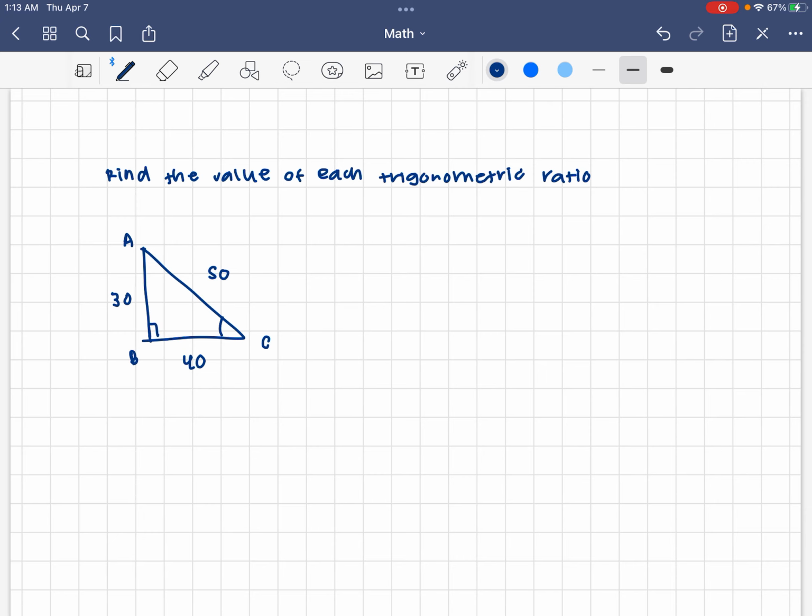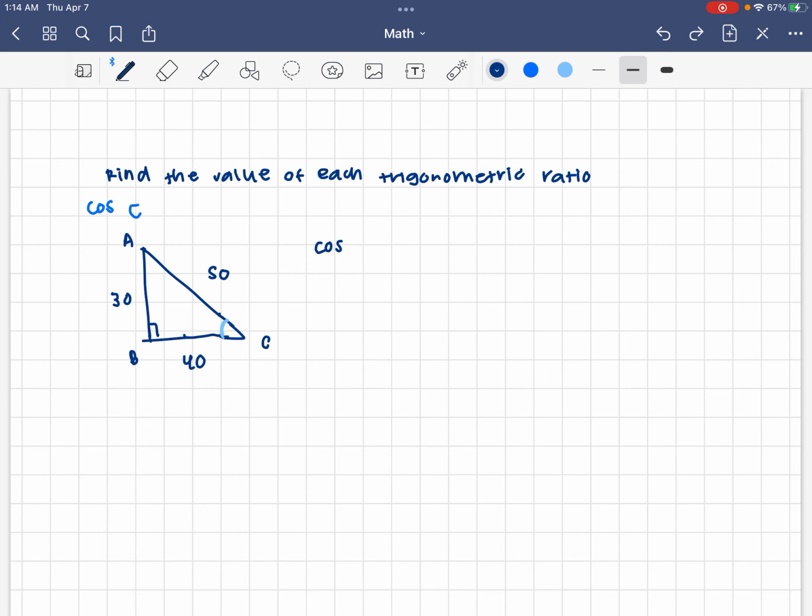What they ask us to find is cosine C. So I draw the angle at C so it's easier to identify what we need to find.